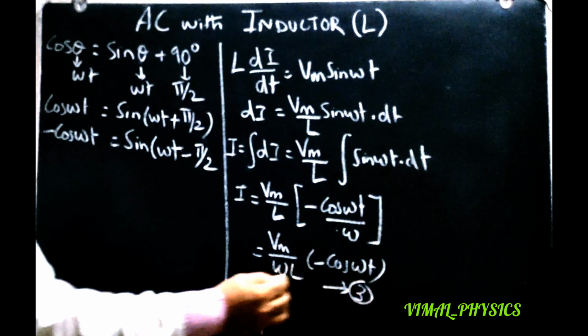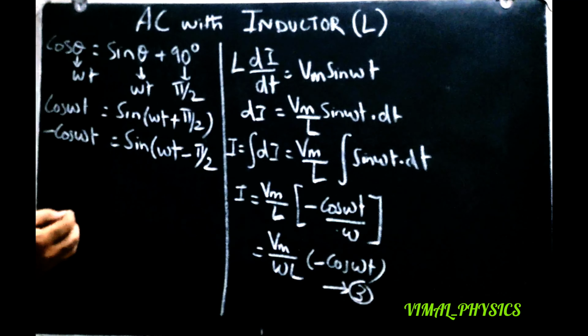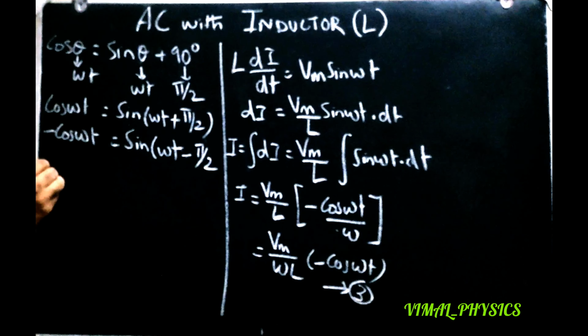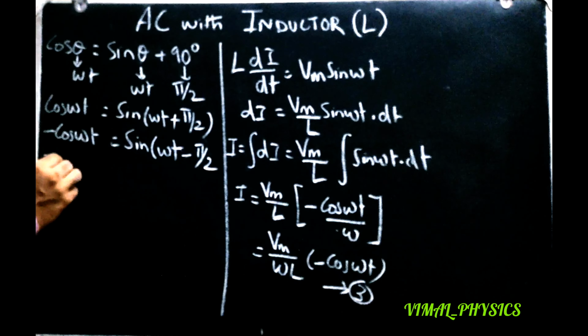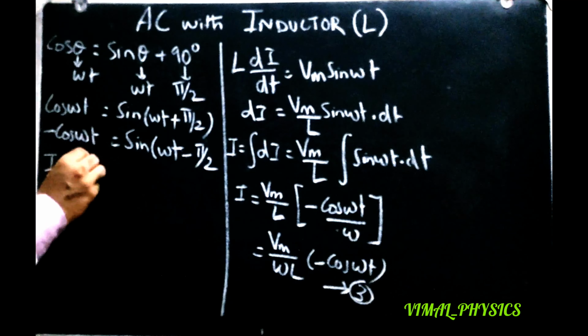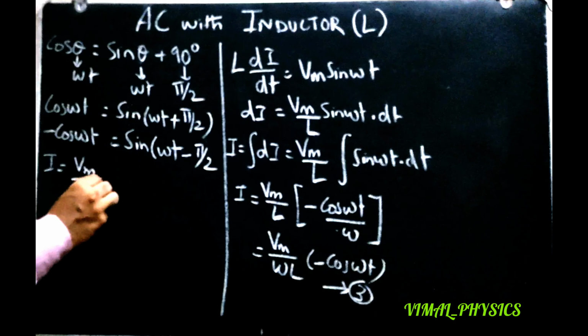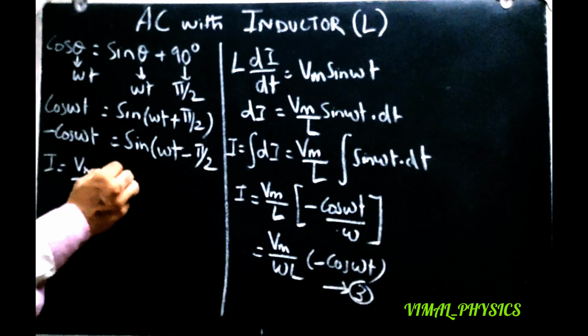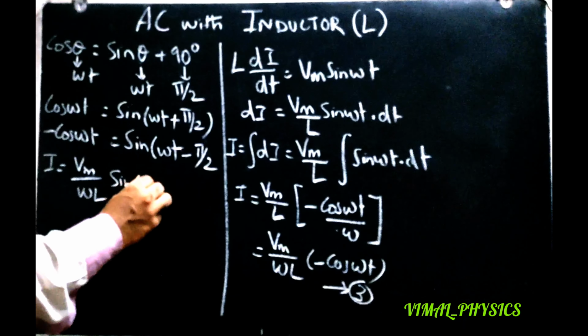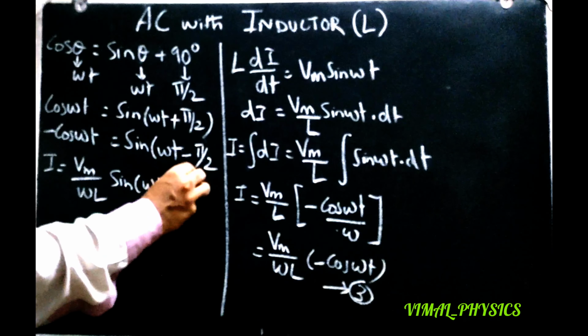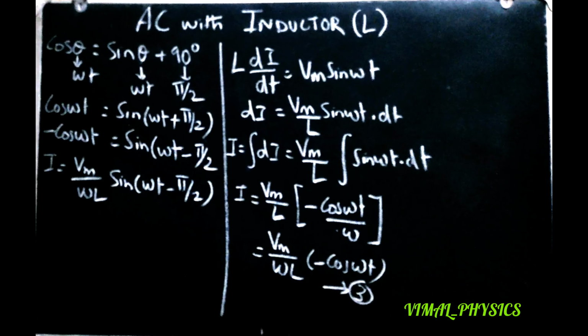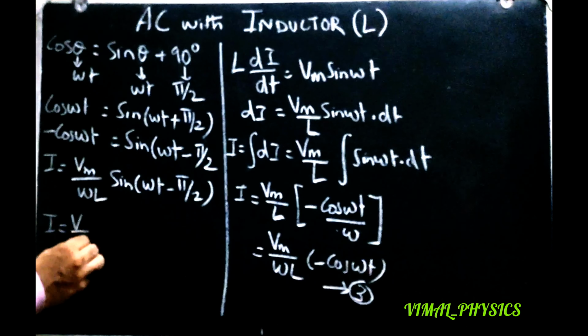Now I am going to substitute the expression here. Therefore, I becomes I is equal to Vm by omega L into sin omega t minus pi by 2. So that is the expression for I.